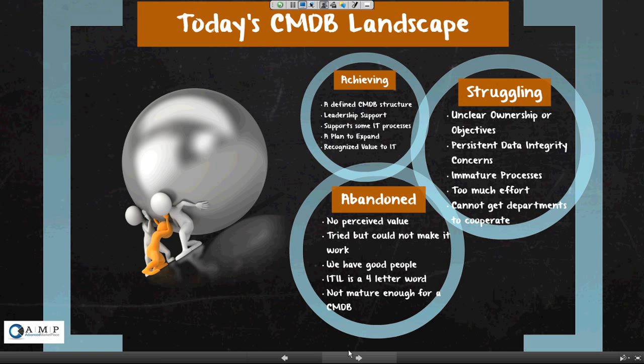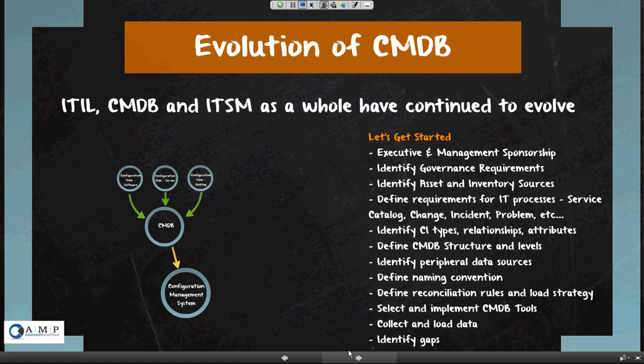So before I start to go into the approach, I want to step back in time with everybody and look at two things that have been happening concurrently. The first one is this concept of a CMDB, how did it evolve and why are so many people struggling with it, or why have people abandoned it?